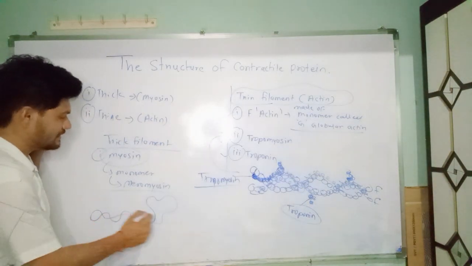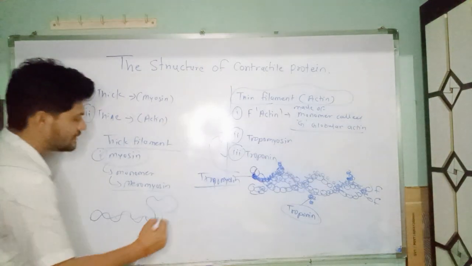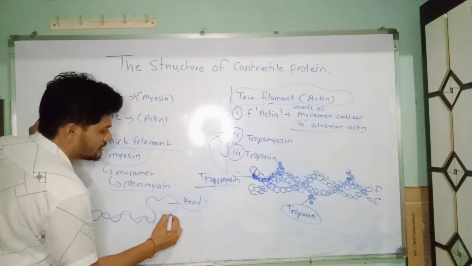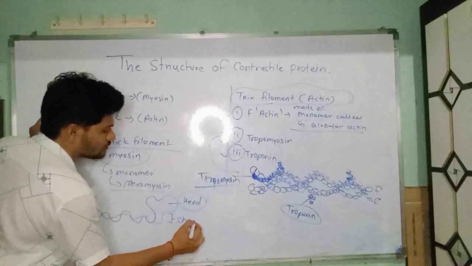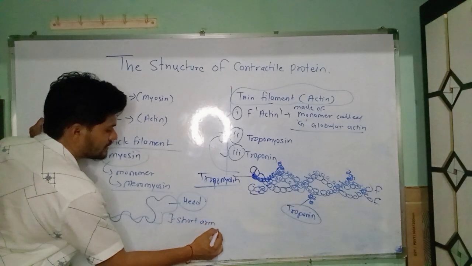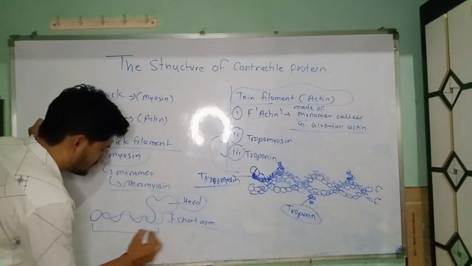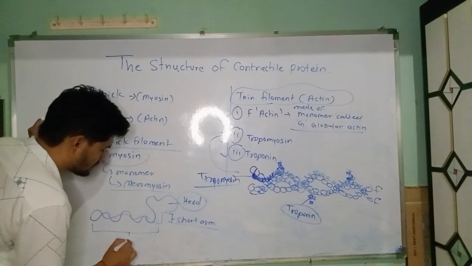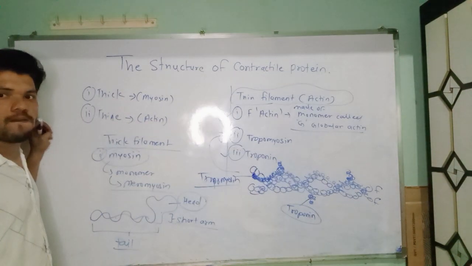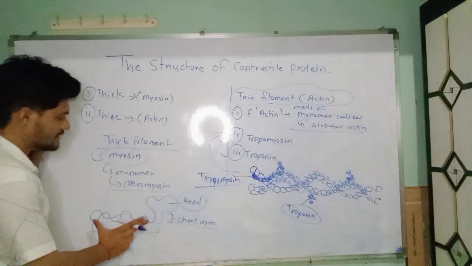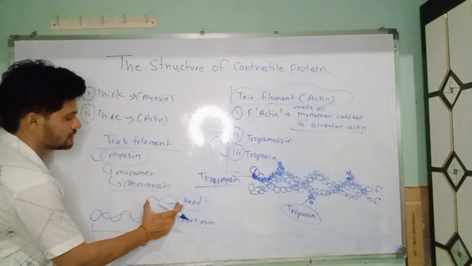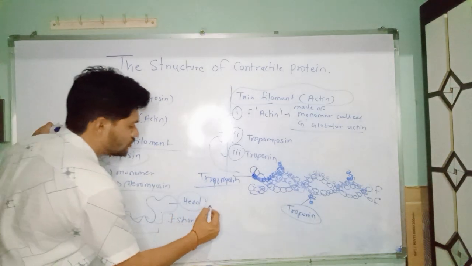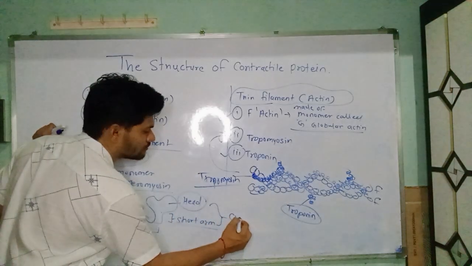This is the head of the meromyosin, this is the short arm, and this is the tail. This is the globular head. Head and short arm collectively are called the cross arm.